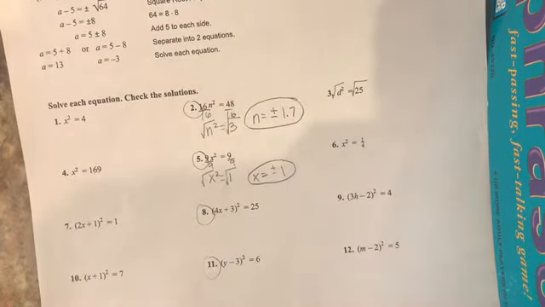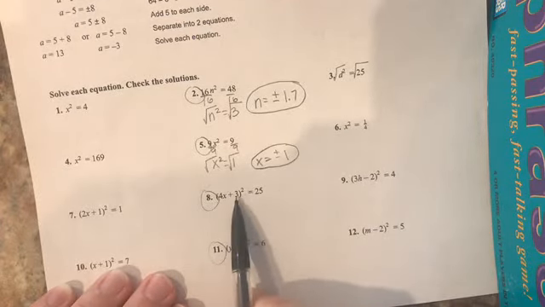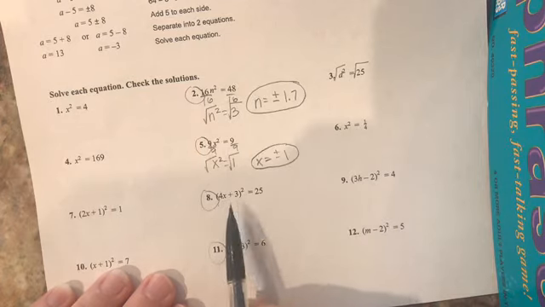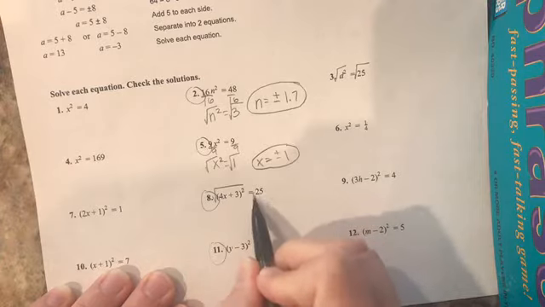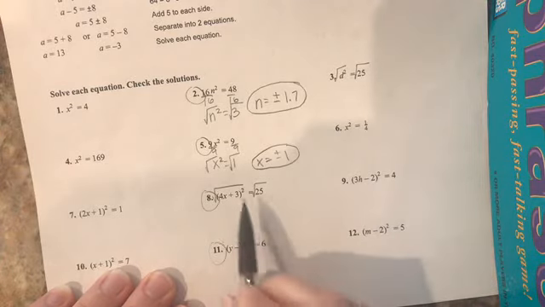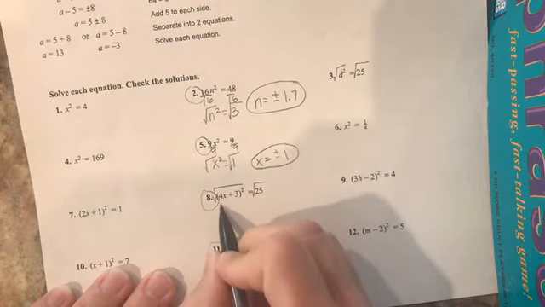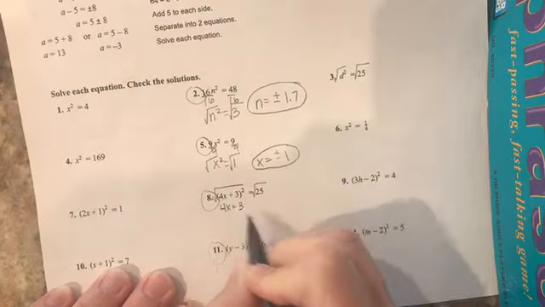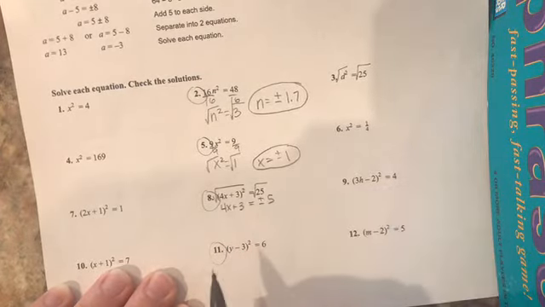Okay, this is going to be a little bit more challenging because you have some extra information inside of your parentheses. This squared, we still can get rid of it by square rooting both sides. So instead of 4x plus 3 squared, the square root gets rid of the squared, and that just becomes 4x plus 3. But here's the problem. That could equal positive or negative 5.